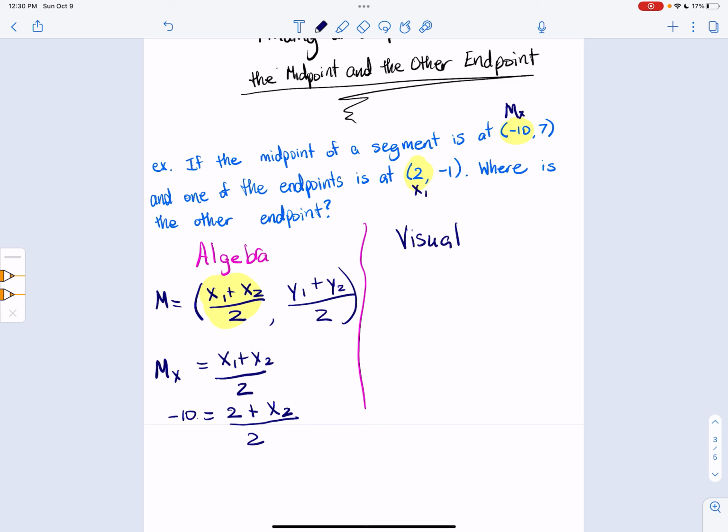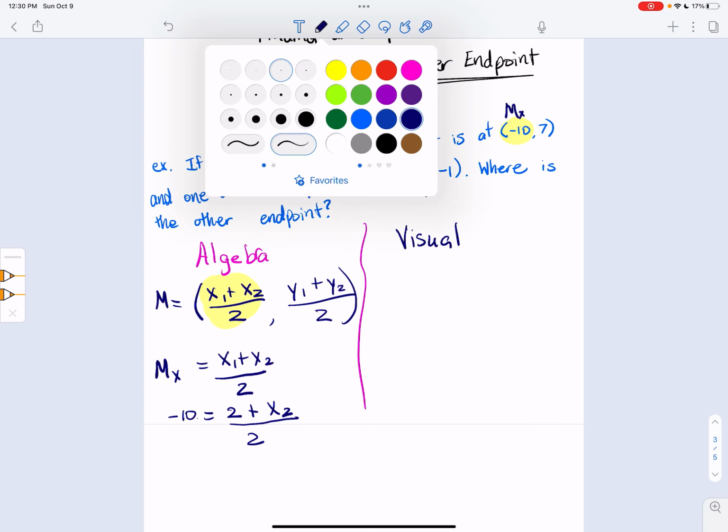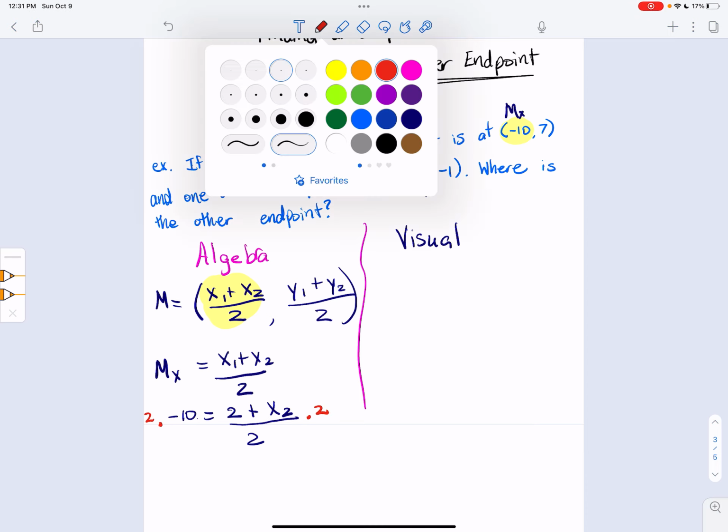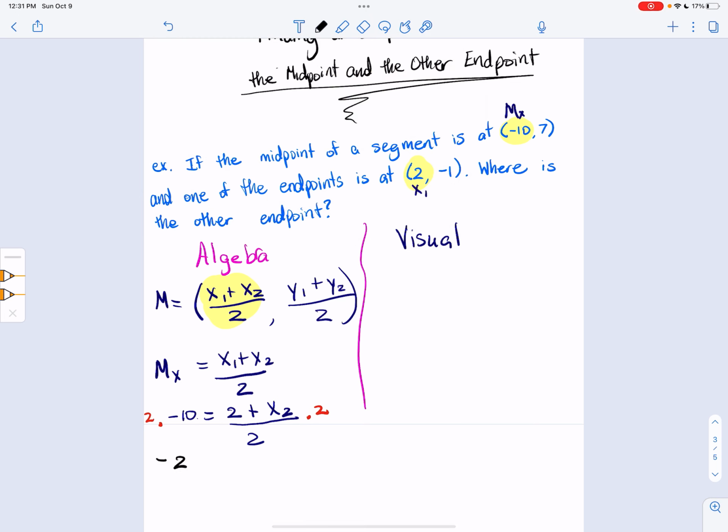Now in order to solve this, since that's divided by 2, we have to start by multiplying by 2. Whatever we do to one side, we do to the other side, and we get that negative 20 is equal to 2 plus x2.